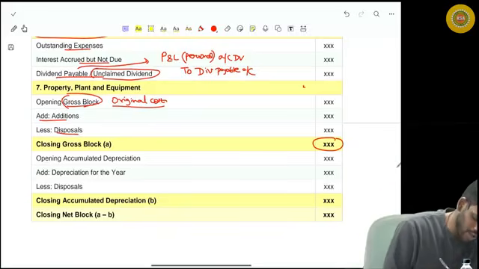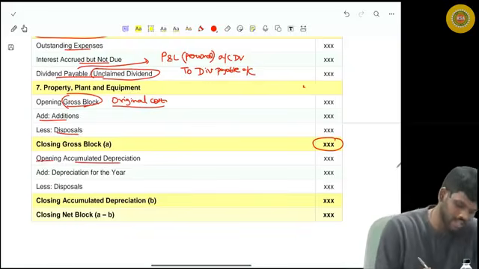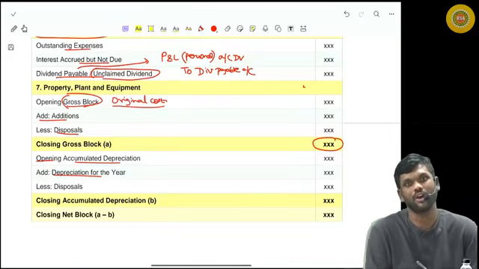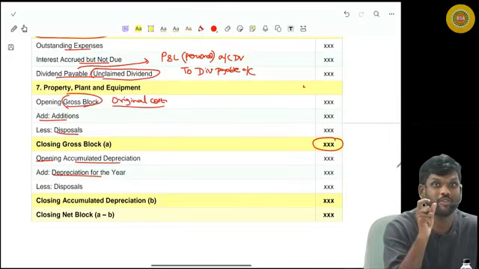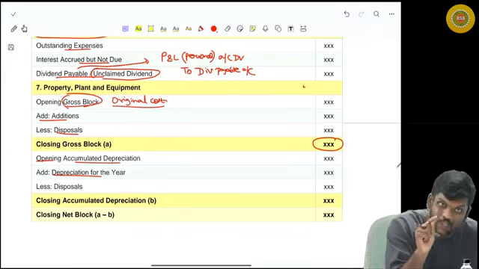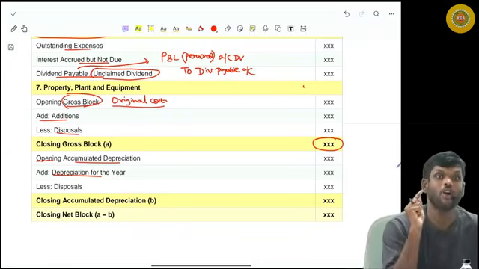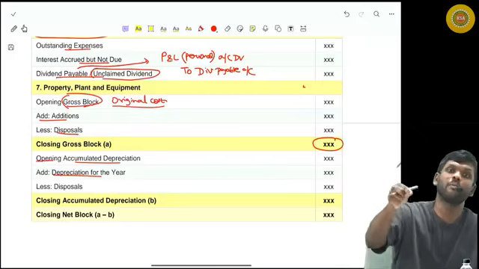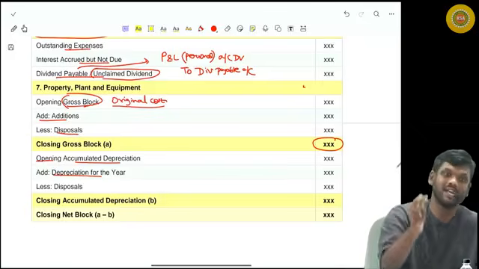Then again you should show the accumulated depreciation separately. You should say how much is the opening accumulated depreciation, and whatever is the depreciation for the year will be added to the accumulated depreciation. And remember, we learned this in the depreciable assets ledger account: in respect of any asset sold, scrapped or destroyed, the accumulated depreciation charged on the asset will be transferred from the accumulated depreciation account to the asset account.